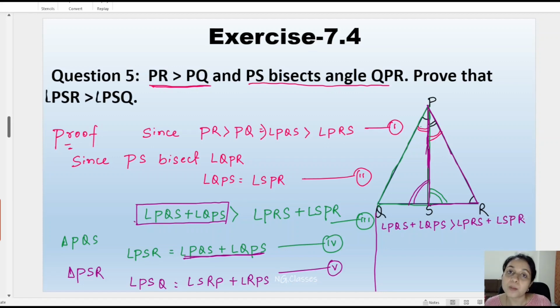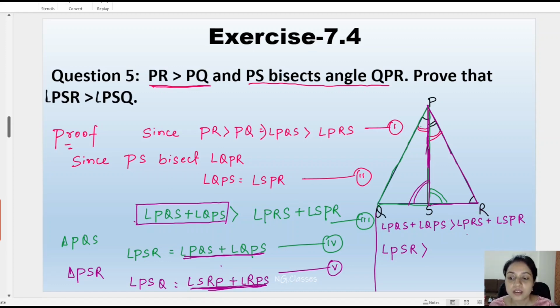I have just copy pasted equation number 3. Now here I will replace the left hand side using equation number 4, that is angle PSR, because this is completely equal to this. And similarly on the right hand side, PRS plus SPR. So this is what we have in the equation. Please note SRP and PRS are the same term because we want to indicate angle R only in both cases.